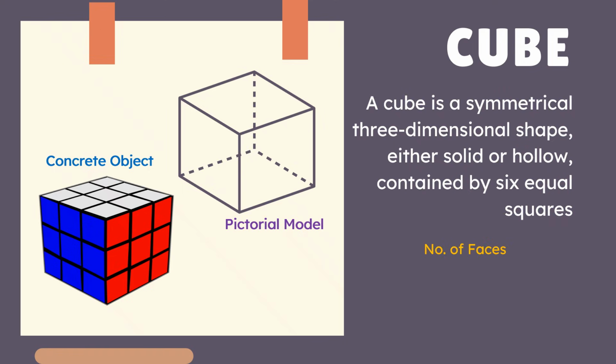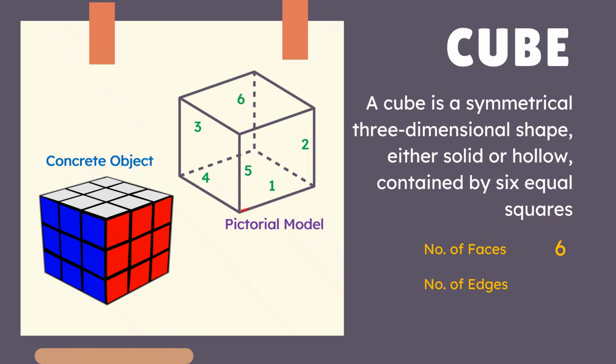Next, we're going to find out how many faces a cube has. Using the pictorial model, let's count. 1, 2, 3, 4, 5, and 6. So a cube has 6 faces. How about the number of edges?